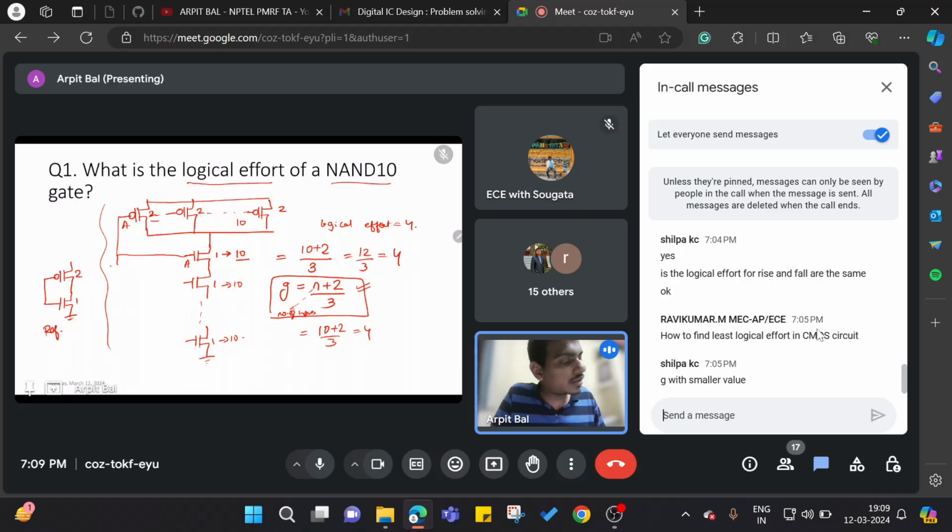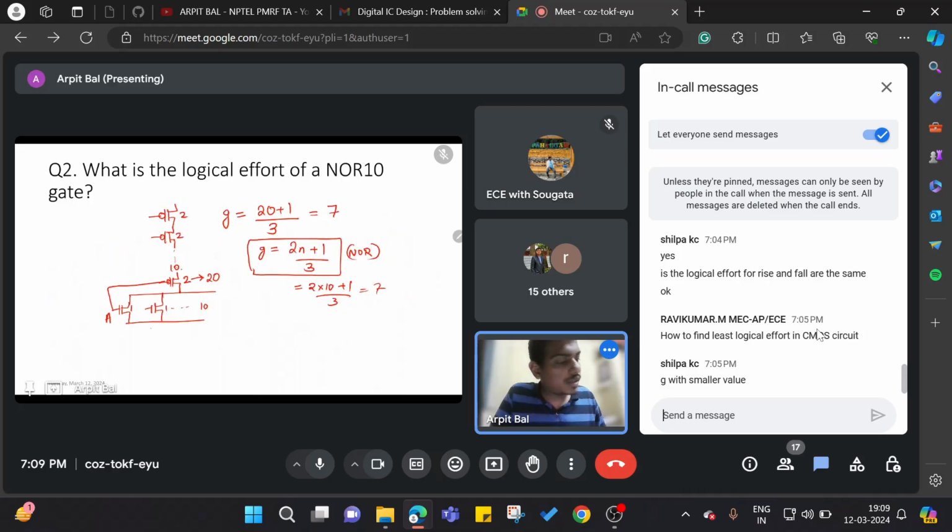This formula is applicable for an n-input NAND gate. Similarly, next we found the logical effort of a 10-input NOR gate, and we can directly use this formula.